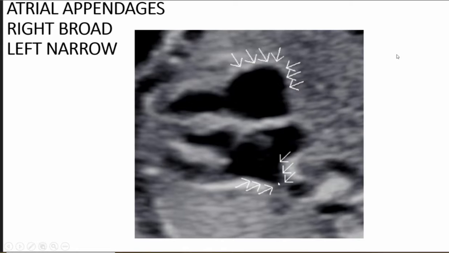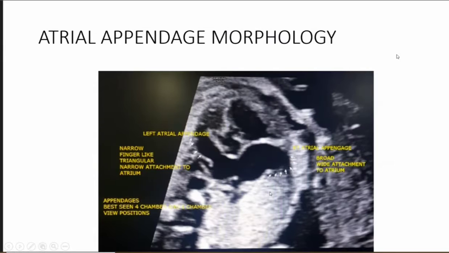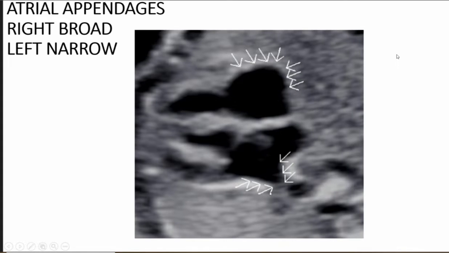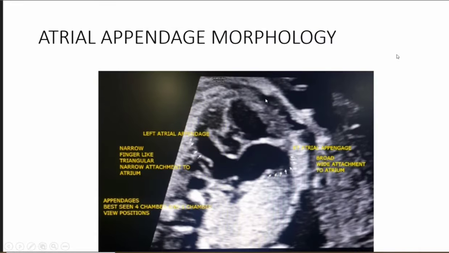Now, when we look at the atria, after we have labeled the right atrium and left atrium by the SVC, IVC and pulmonary vein confluences, we have to demonstrate the triangular left atrial appendage on the left atrium and the broad-based right atrial appendage on the right atrium.